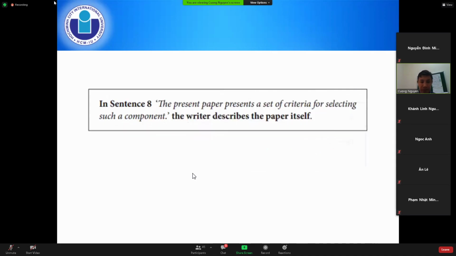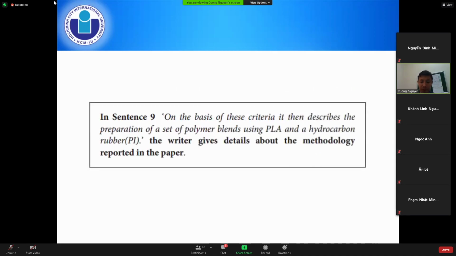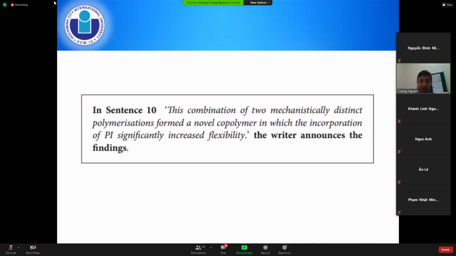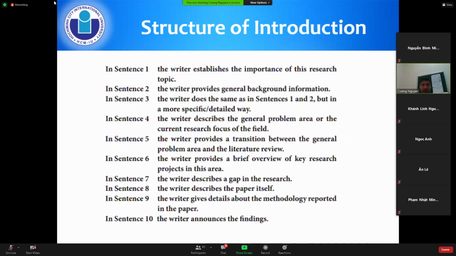So now, in general, you see this. We go from the importance of the research topic to background information, something like that, to sentence number 4, one problem.